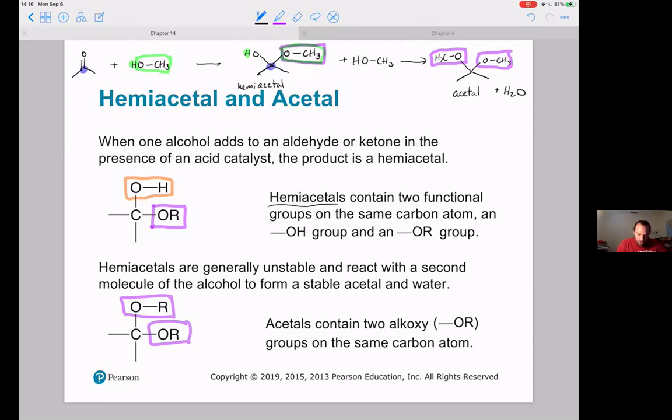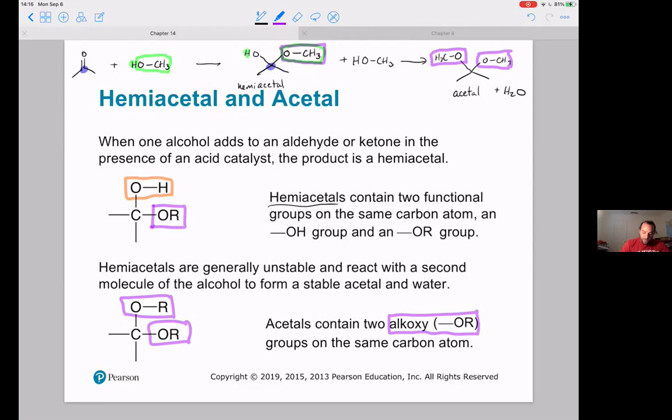These OR groups are called alkoxy groups. The R just represents a carbon chain of any length. So in the case of the specific example I did at the top, it was just the simplest one, a 1 carbon chain. It could have been 5 carbons, however many long. So that's what that R represents, a carbon chain of any length.